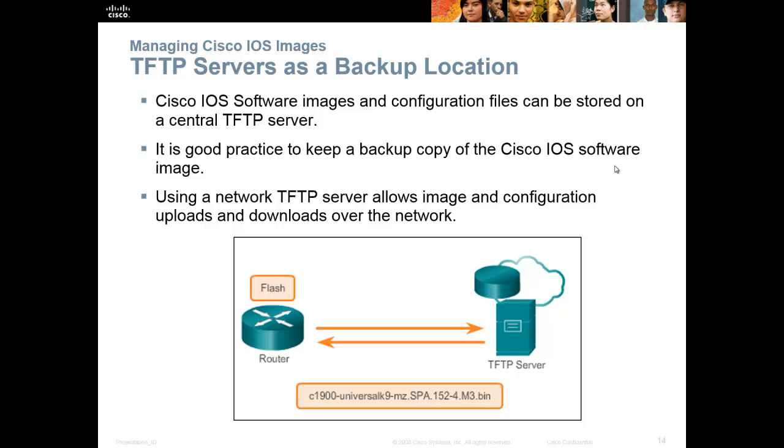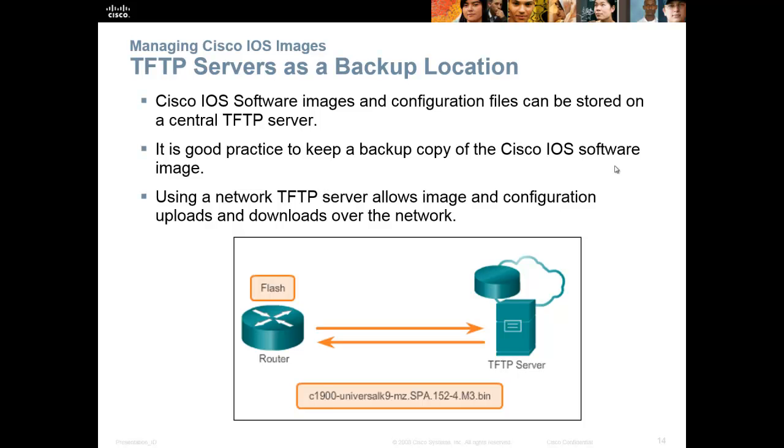Some organizations have their own specific TFTP server, and they actually remove the iOSs from the devices, and the iOSs are actually on the TFTP server. And when the router boots up, they point the router to the TFTP server to load their iOS. And that way, if they want to change the iOS for their 12 routers, they can just change the iOS on the server. So it's nice and convenient.